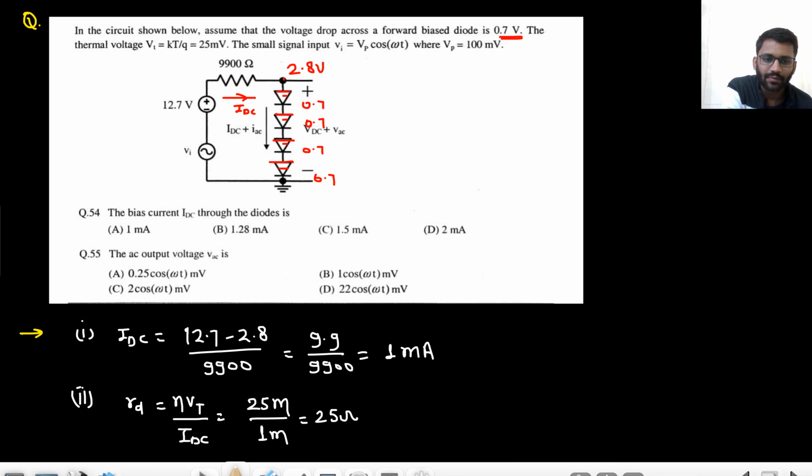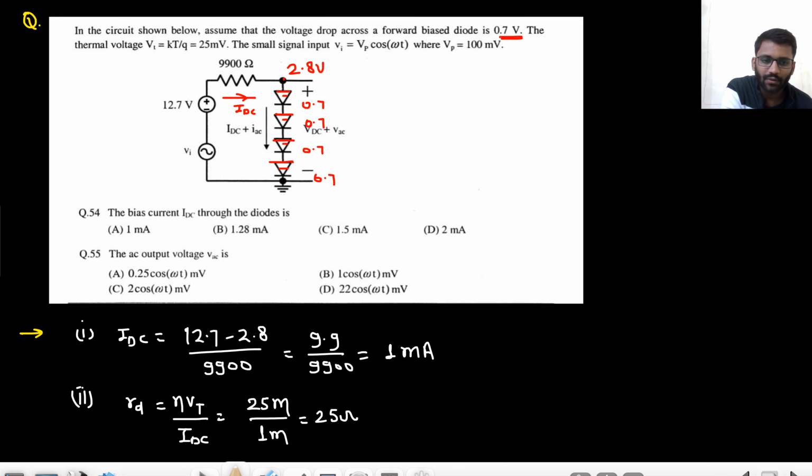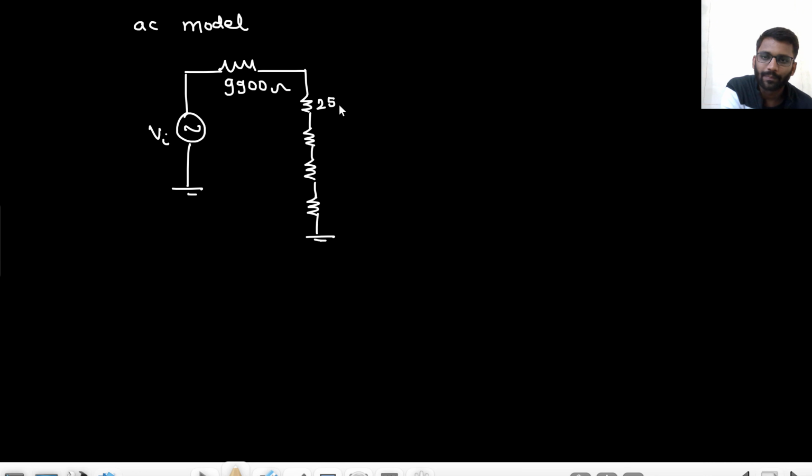So what will be my AC model? I have the AC signal here, which is V in. Then I have this resistance, that is 9900 ohm. Then 4 resistors are there, RD, RD, RD and RD, all 25 ohm.